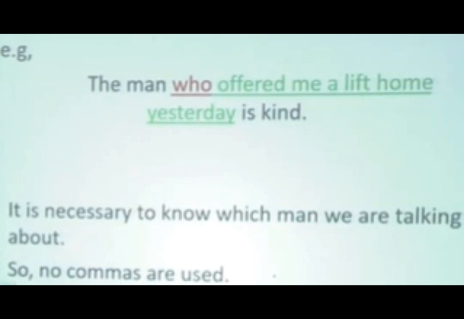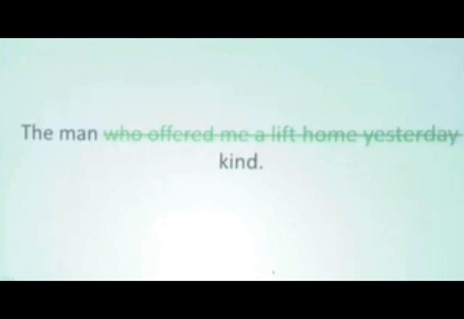So let's say, for example, the man who offered me a lift yesterday is kind. If I take it out, I'm going to break the meaning of this sentence. The man is kind, which is not a good clause.